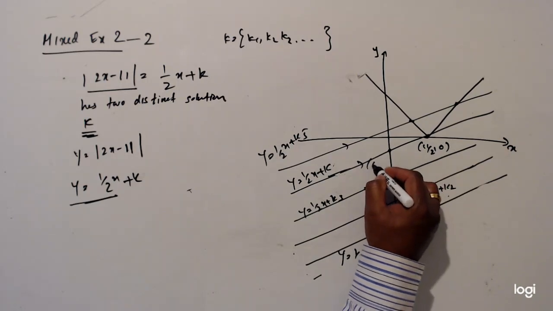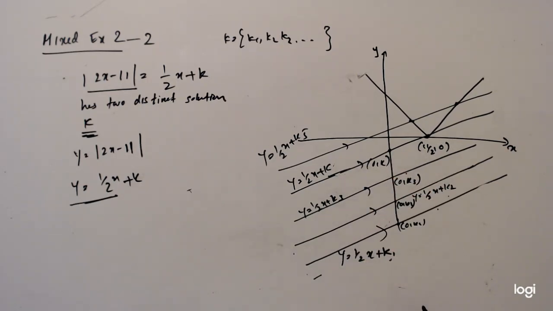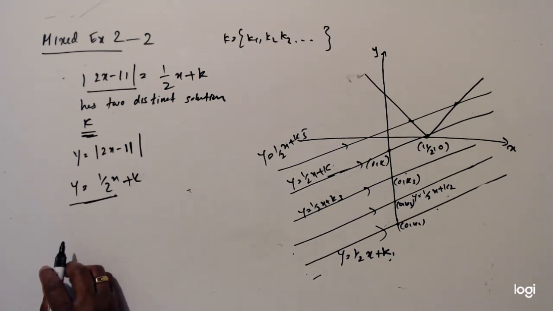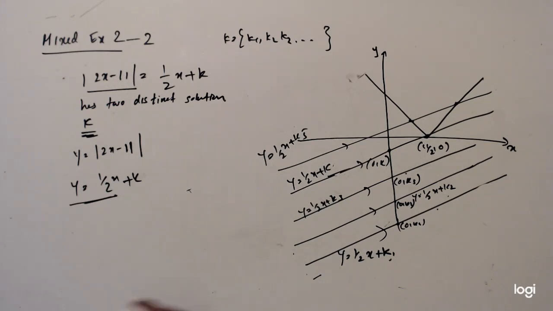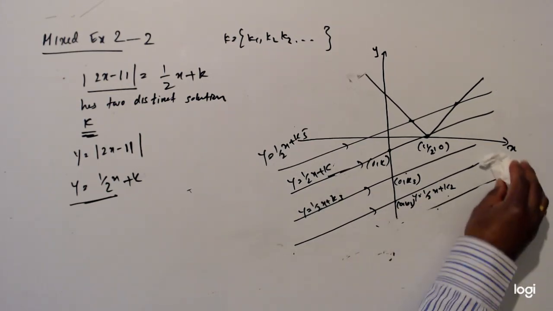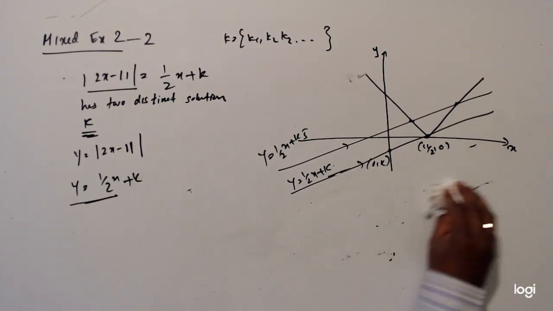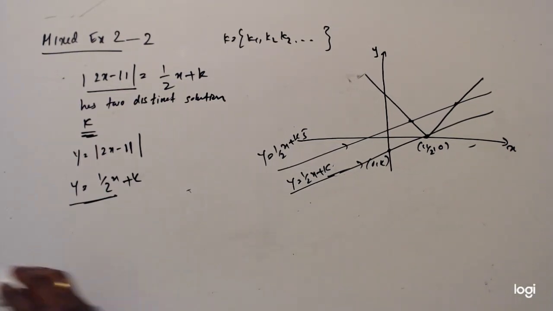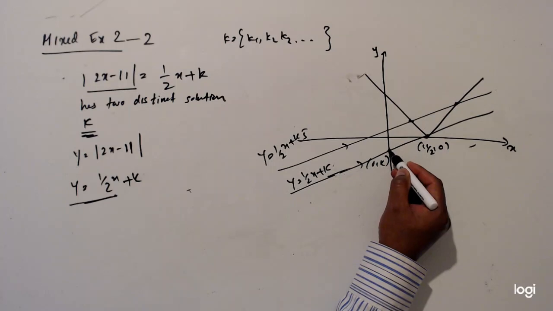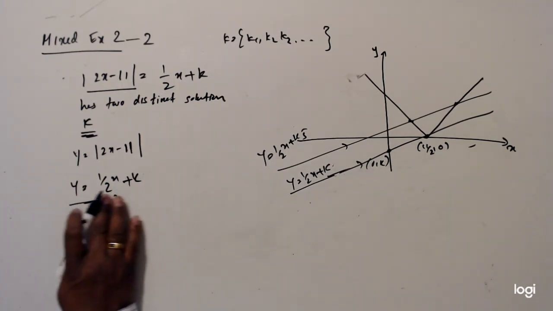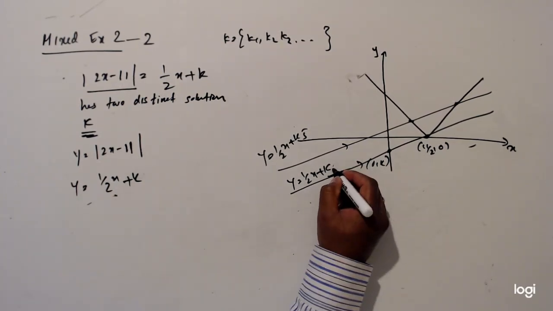So this is 0, k. Now I'm going to find this k value here. Okay, I will leave it at k4.